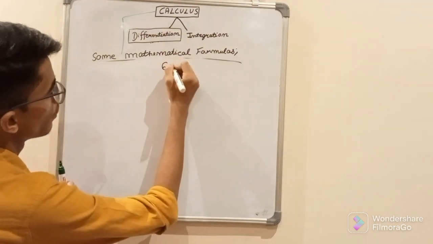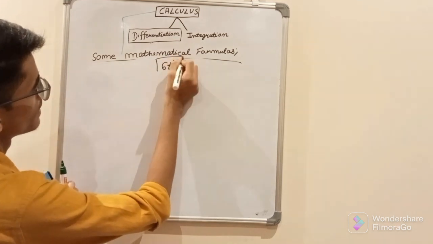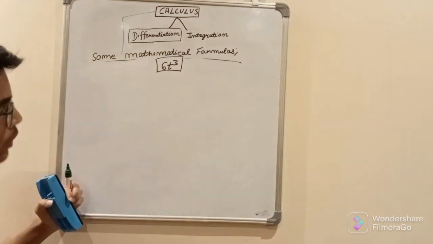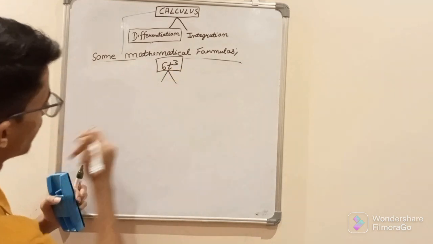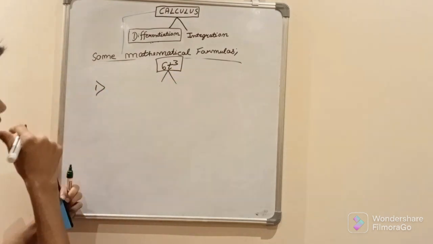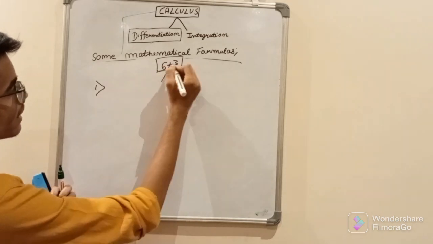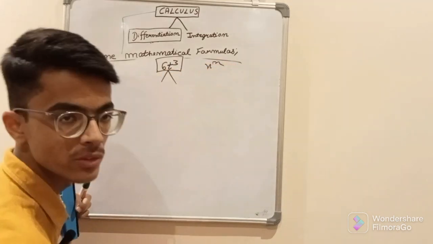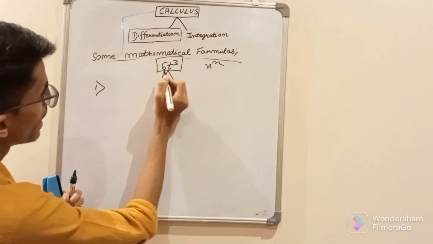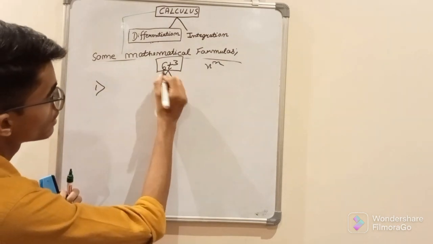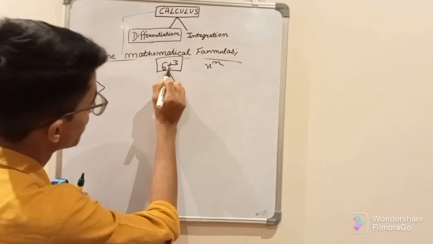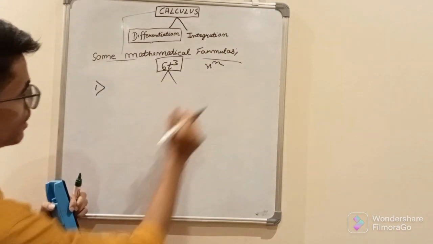Now, there's one question that is 6t cube. Now, there are two ways to differentiate this. First is our original method, that it is in the form of x to the power n, and over here 6 is not a constant, because it is attached with a t over here.